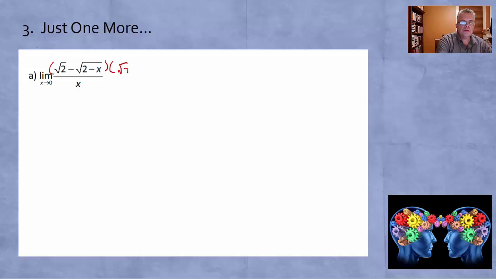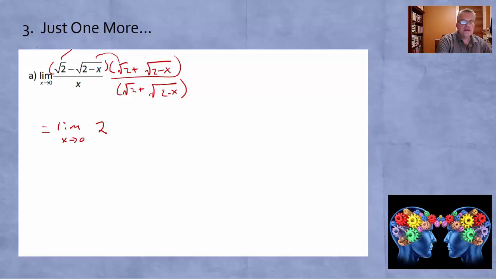So this is going to be the square root of 2 plus square root of 2 minus x all over the same thing. Now, multiply the first. We get the limit as x approaches 0. We still need that. We're working on that. So square root of 2 times square root of 2 is 2. Again, the inner, when I multiply that mess, is the opposite of what I get when I multiply those.